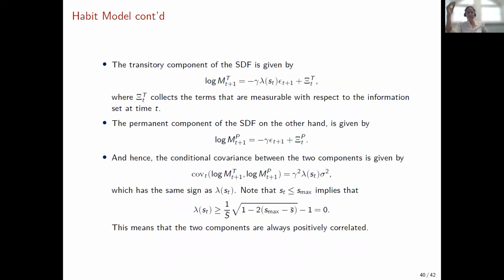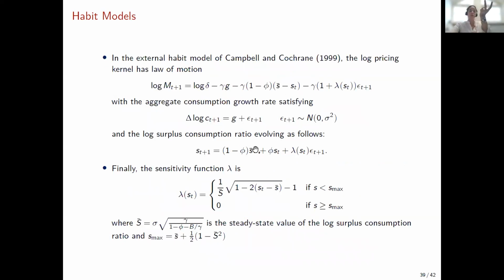Now, why is that? All the shocks that we have in the external habit model are shocks to consumption growth and shocks to the surplus consumption ratio, which determines the habit level of the representative agent. By construction, they are always positively correlated.